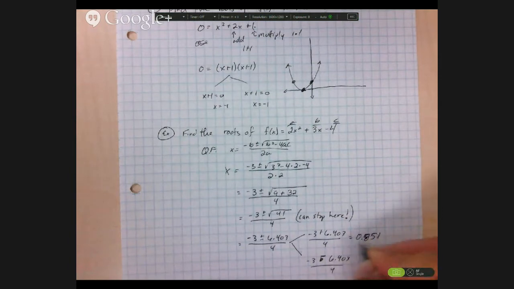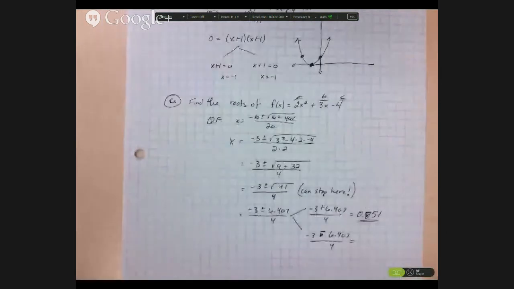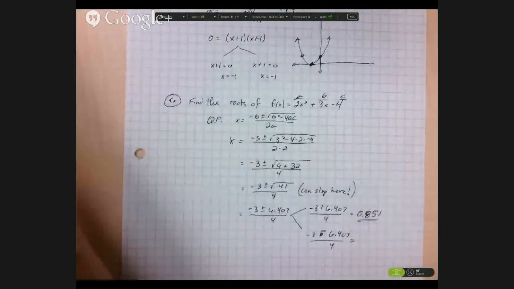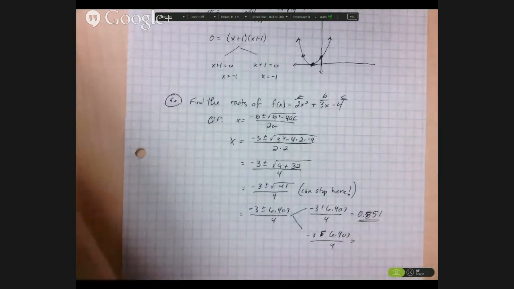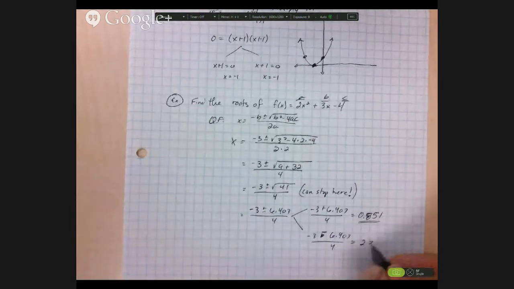Okay, always go to 3 digits in your answers. It's kind of an AP Calc standard. And -2.351. So we have our roots.